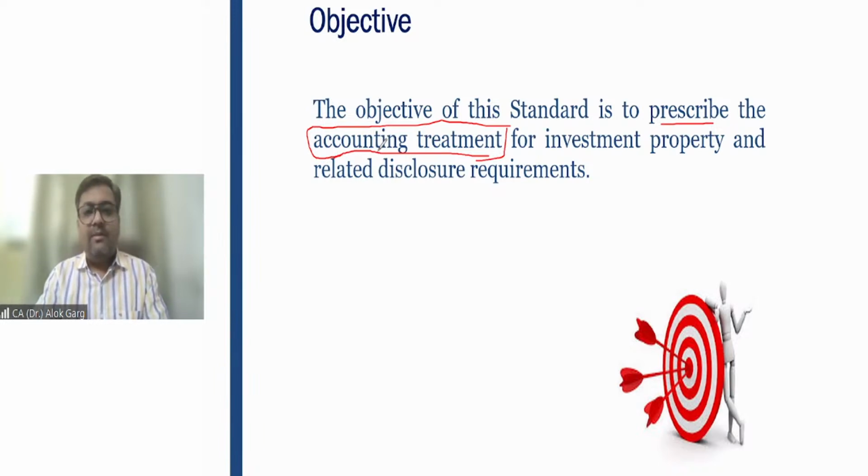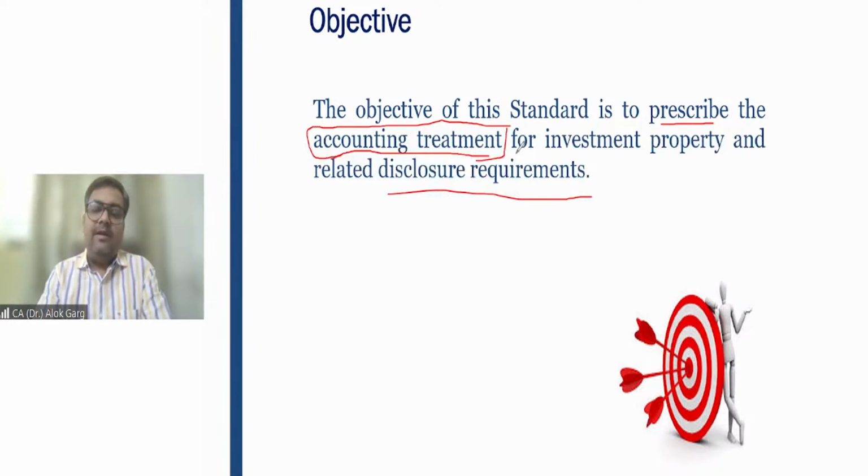So I am talking about the accounting treatment of investment property and related disclosure requirements in this particular standard. Why is the accounting treatment for investment property important? And why is it covered in a separate standard?